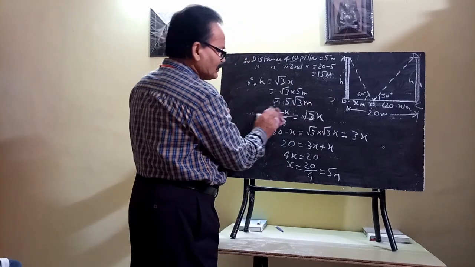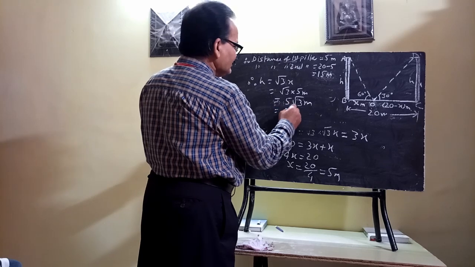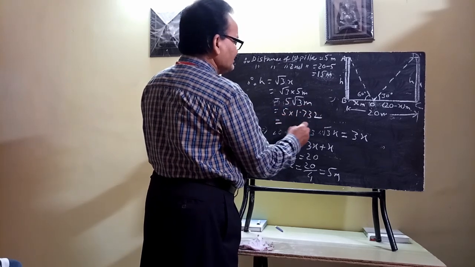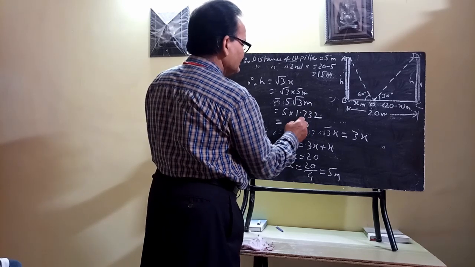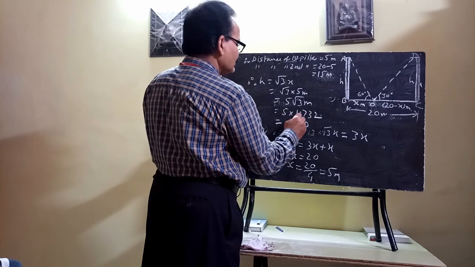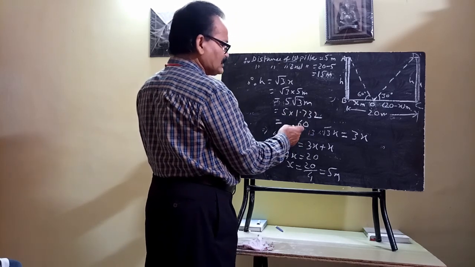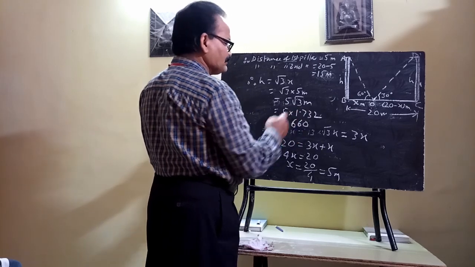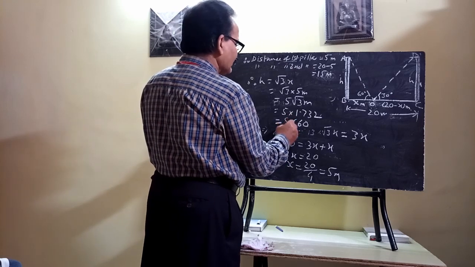So in terms of the value, you just multiply 5 into 1.732. 5 into 2 is 10, 5 threes are 15 plus 1 is 16, again 1 in hand, 5 sevens are 35, 1 is 36, 3 in hand, 5 ones are 5, as your 8.